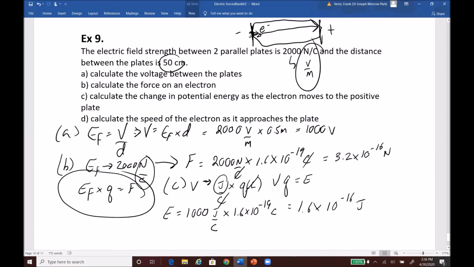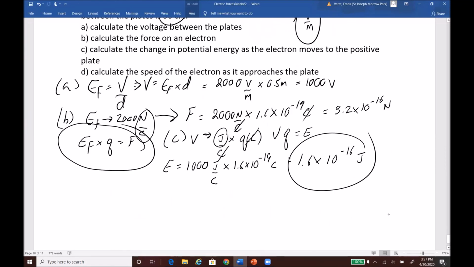In terms of potential energy, it would be losing that, because we said last time that potential energy, PE, if you remember, decreases when it goes in the direction that it wants to go, right? Like an object falling to the ground, its potential energy would decrease because it wants to fall to the ground. And the potential energy would increase in the opposite direction. In this case, the electron wants to go to the positive side, so its potential energy is going to decrease, but we know that the energy is going to get converted into kinetic energy. So this energy then becomes kinetic energy.